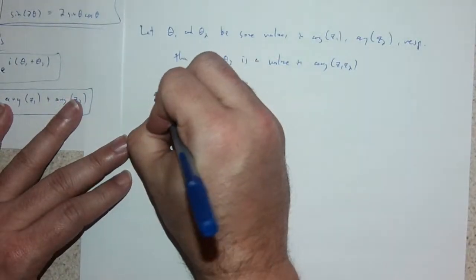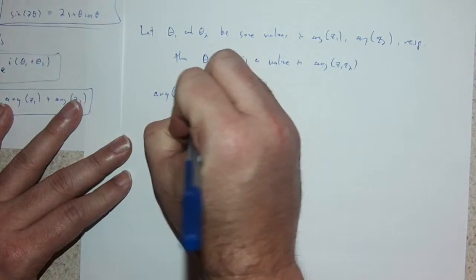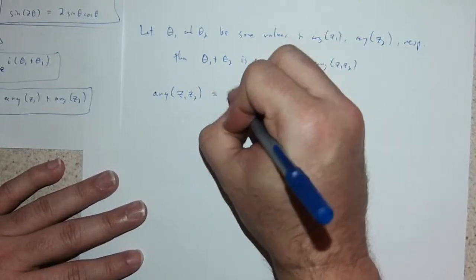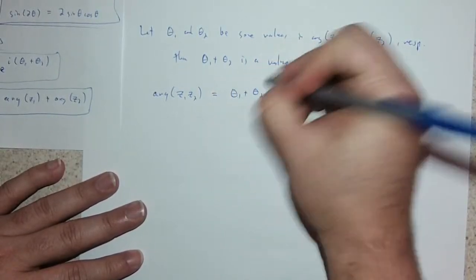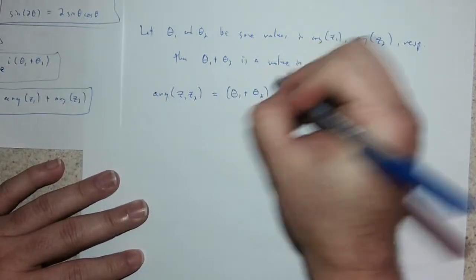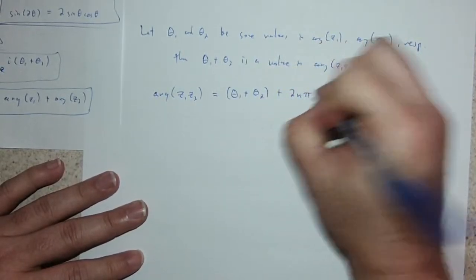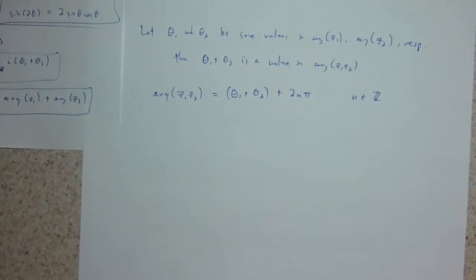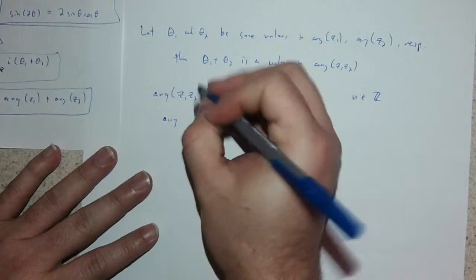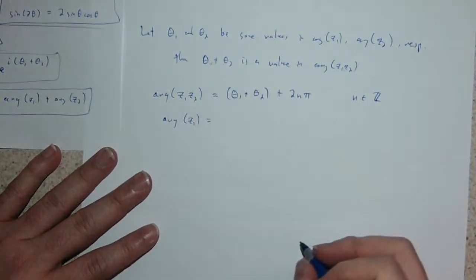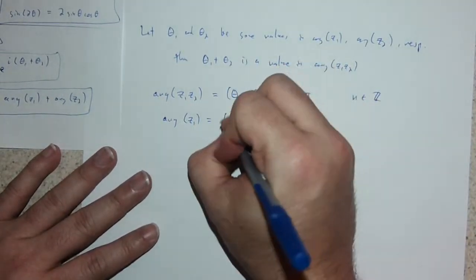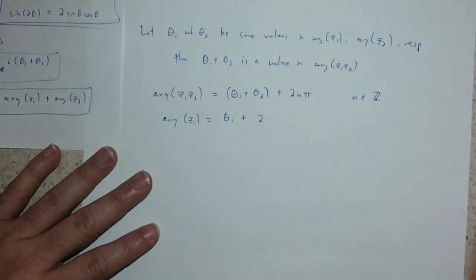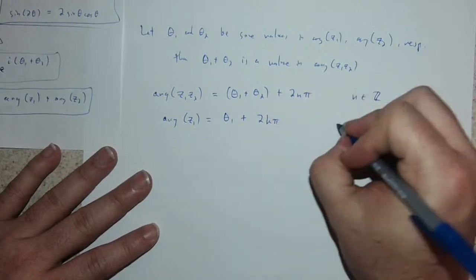So if I am looking at arg of z sub 1 times z sub 2, this is going to be some theta sub 1 plus theta sub 2 plus some integer multiple of 2 pi. Okay. And of course the argument of z sub 1 is going to be theta sub 1 plus 2k pi, for k some integer.